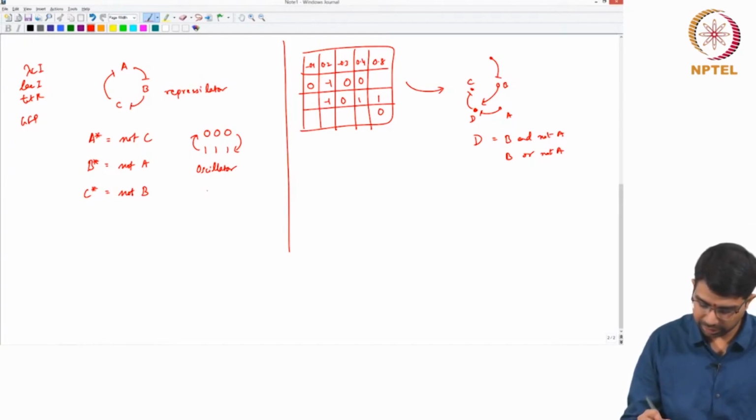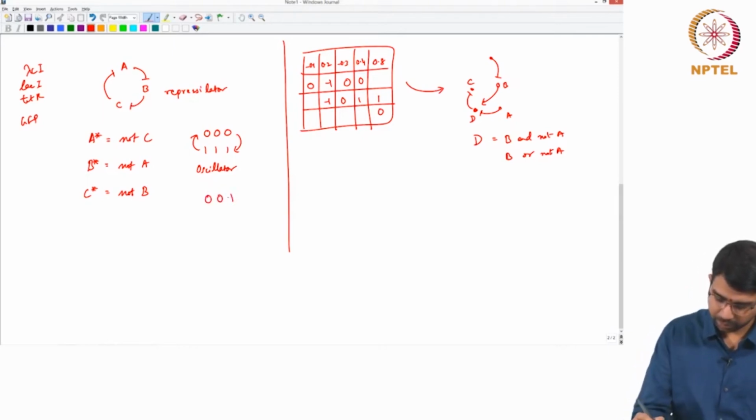And the other states, you will see that they cycle through several other states. So, let us start with 0 0 1.